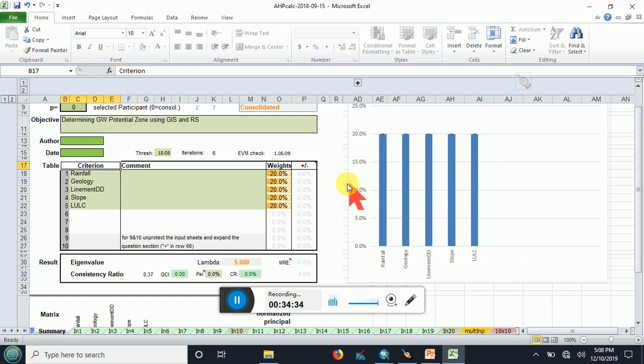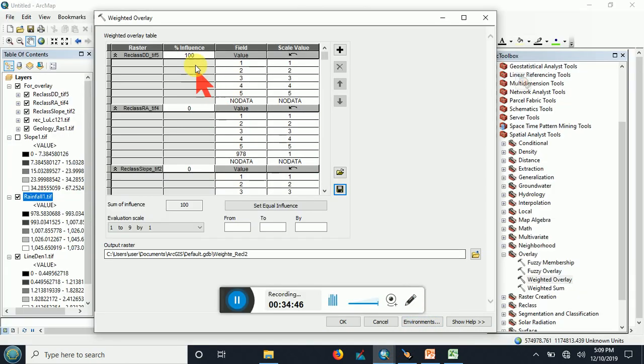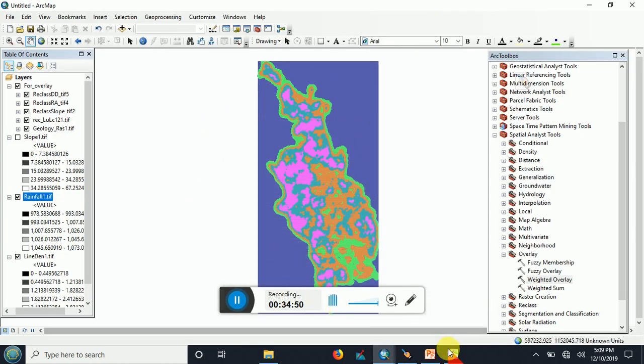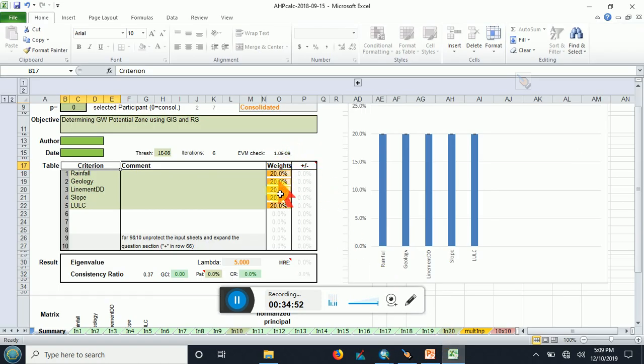But what we are interested in is the weights. Those weights are the percentage influence that we are going to use in ArcMap. That means in this overlay analysis, we need those percentage influences. So those percentage influences are those weights in AHP that we are going to produce.